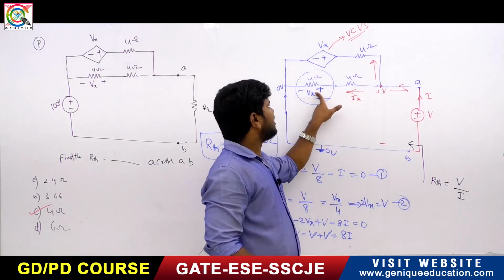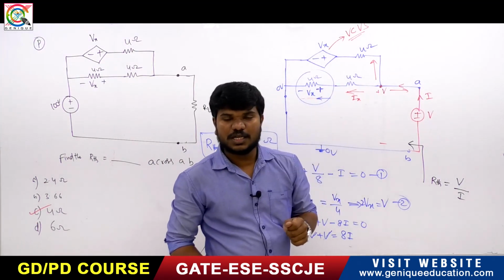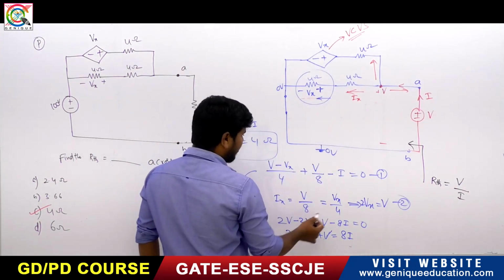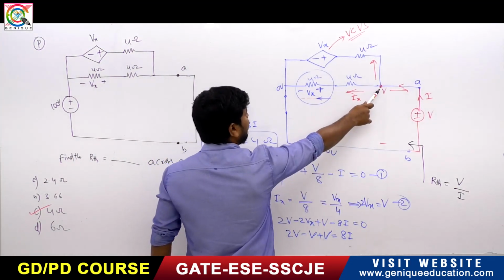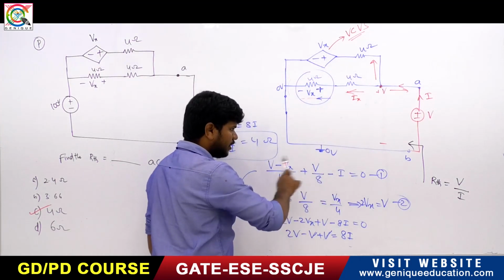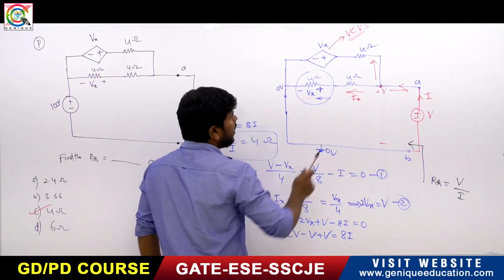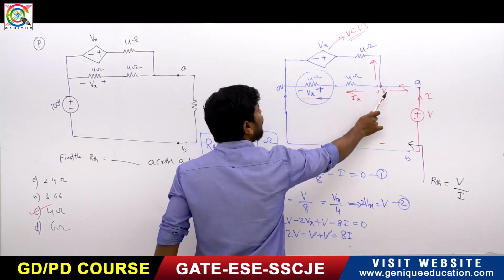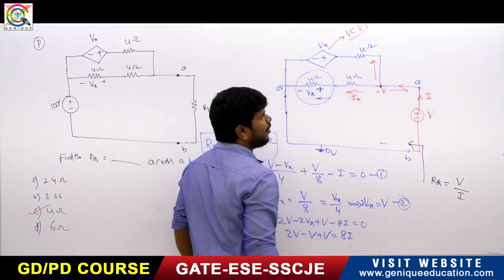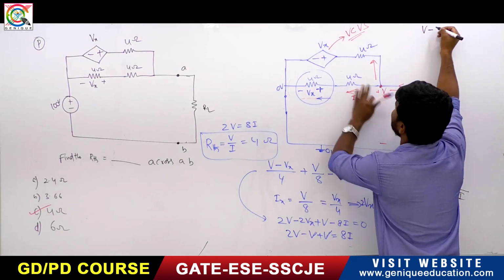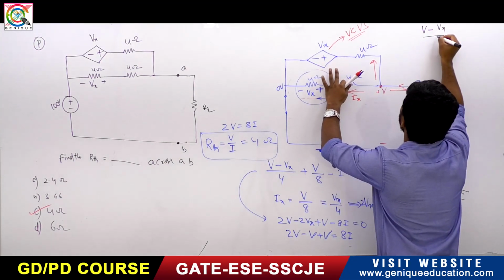V minus Vx divided by 4 you can also use, instead of using, see, in this equation, what is this current? This is one method. So here V minus Vx divided by 4, here also V minus Vx divided by 4. Let us suppose this is V minus Vx divided by 4.